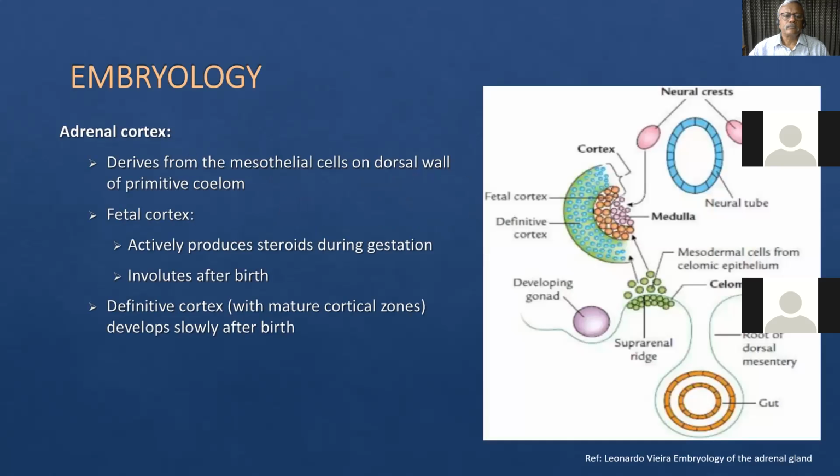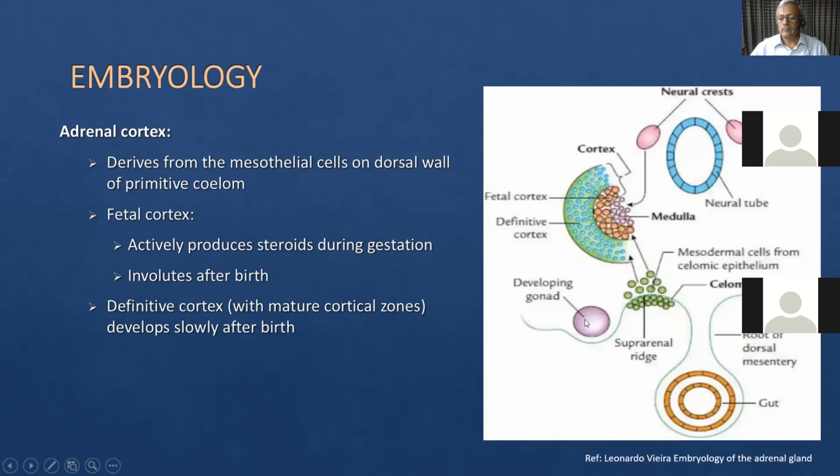Starting with the embryology, the adrenal gland is also known as the suprarenal gland, and it is an endocrine gland. The adrenal gland contains an outer cortex and an inner medulla. The outer cortex is developed from the mesodermal tissue near the developing gonads on the suprarenal ridges.